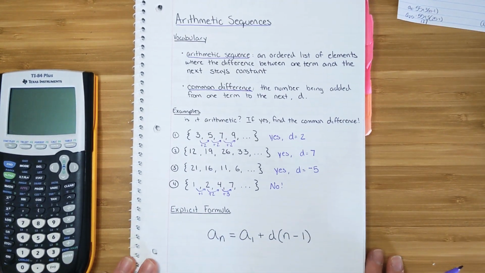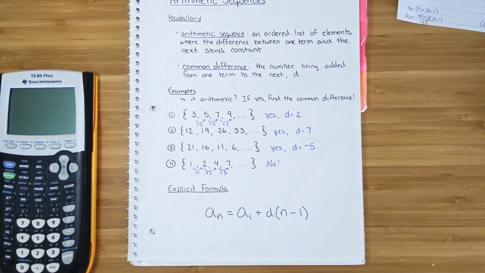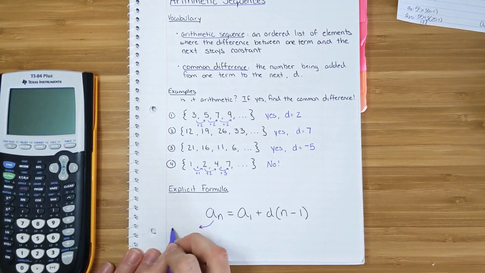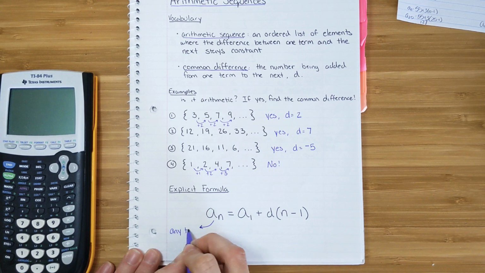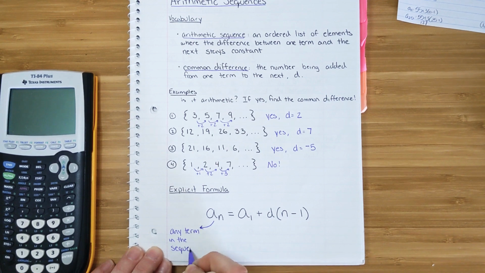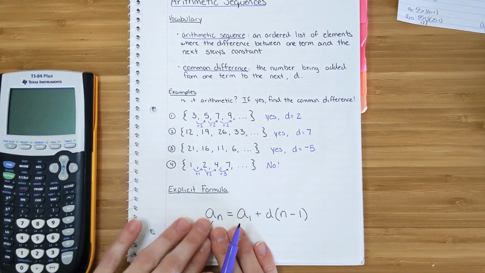Okay. So here's the explicit formula. Go ahead and copy it down and let me explain what each piece means. Remember, a sub n is a variable. It's representing any term in the sequence. We don't know what term we're going to be looking for yet, which is why we use the placeholder a sub n.